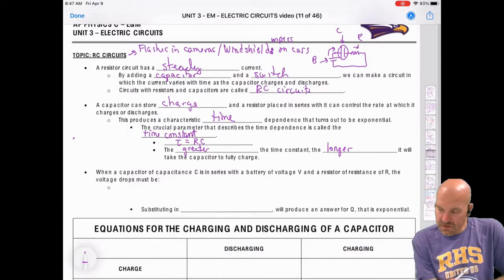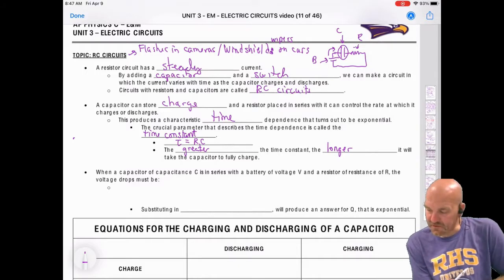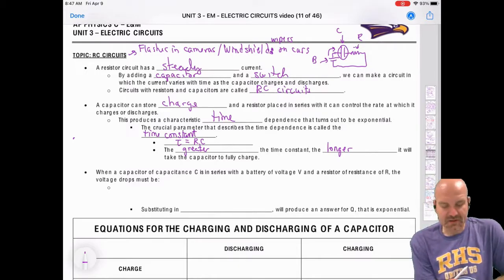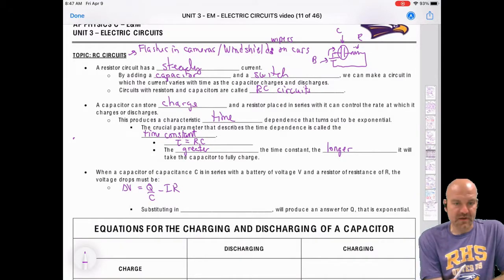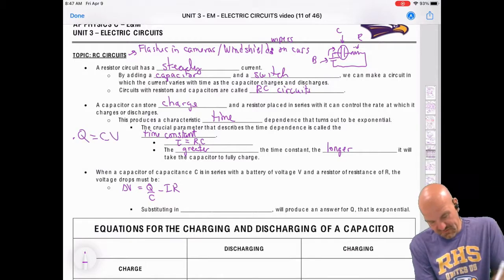Okay. Now, when a capacitor of capacitance C is in series with a battery of voltage V and a resistor of resistance R, the voltage drops must balance. So the voltage drop has to be V = Q/C + IR. Okay, Q over C coming from the equation Q = CV, and IR coming from V = IR, right?